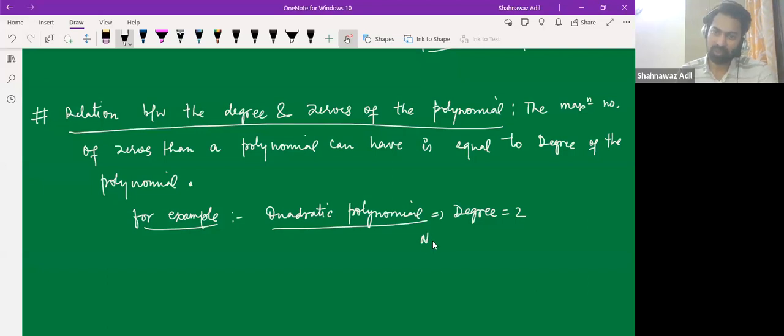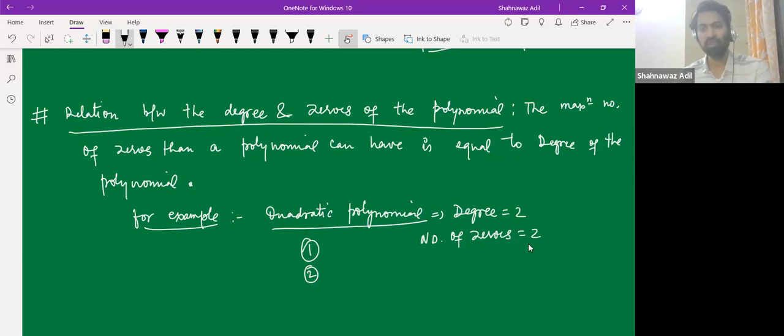So the number of zeros, this would also be 2. The maximum number of zeros would be 2, right? And yes, there could be 1 zero, there could be 2 zeros, and there could be no zeros.